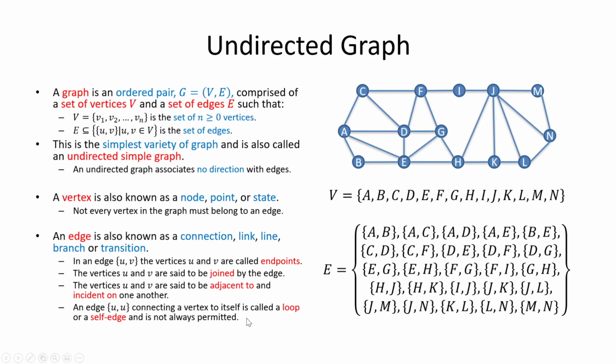I personally favor the definition that says the basic definition permits self-edges. If you don't want self-edges in your graph, you've got a special kind that says no self-edges permitted. Or vice versa, some people out there on the internet will say a graph does not permit self-edges, and if you want self-edges, you have to say they're allowed.